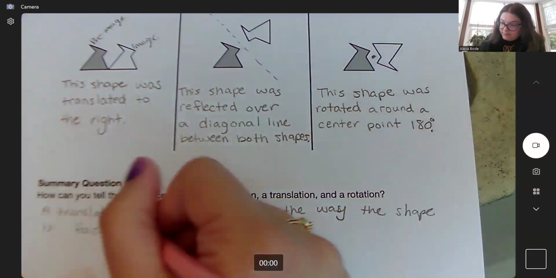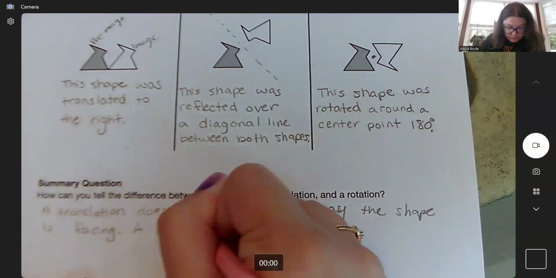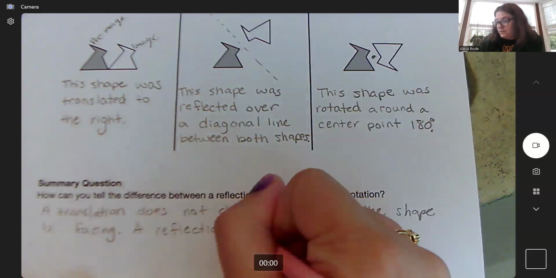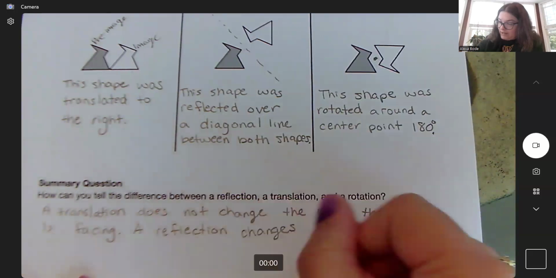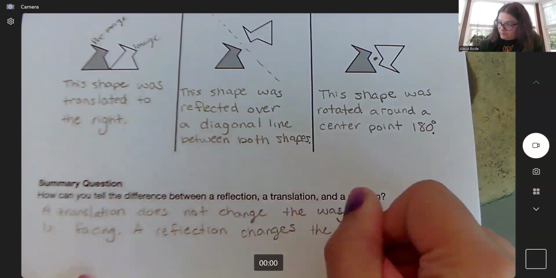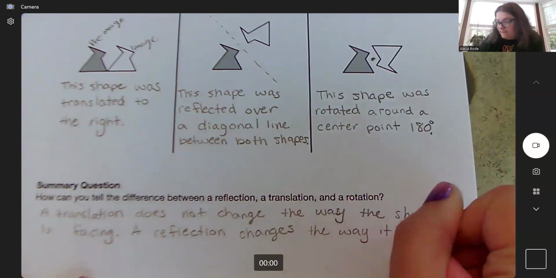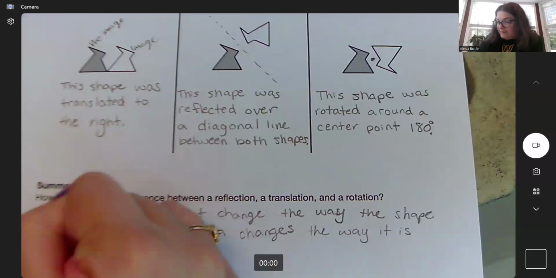A reflection changes the way it is facing to look like a mirror.